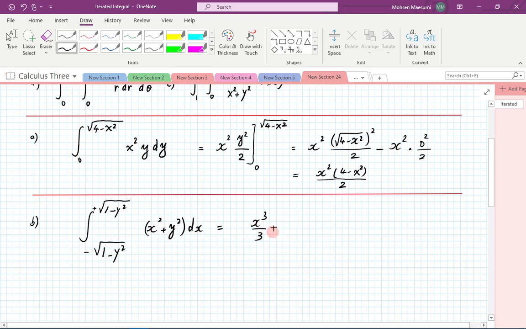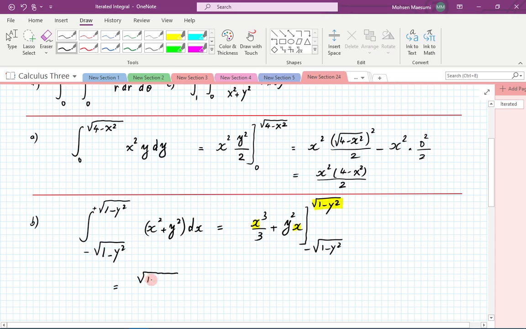The antiderivative of y squared, remember y squared for us is a constant, so it's just going to be y squared x. Now our limits are going to be these expressions. They are going to replace x, so this quantity is going to be substituted for x. So what do we get?